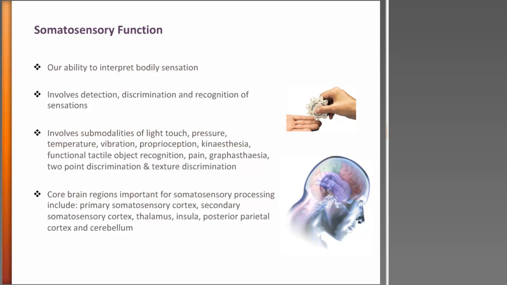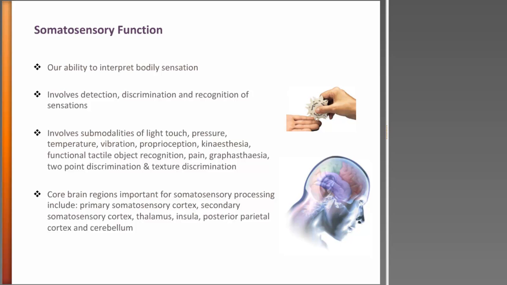And from neuroimaging studies, we know that the core brain regions that are important for somatosensory processing are the primary and secondary somatosensory cortices, the thalamus, insula, posterior parietal cortex, and the cerebellum. So I'll just go over very briefly the roles of those different areas.